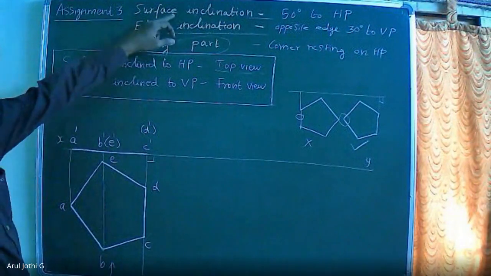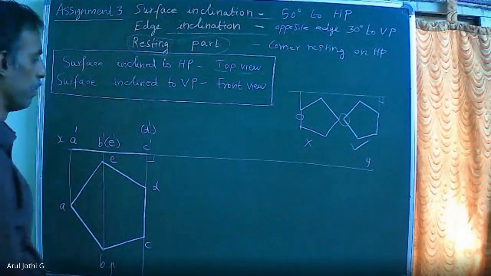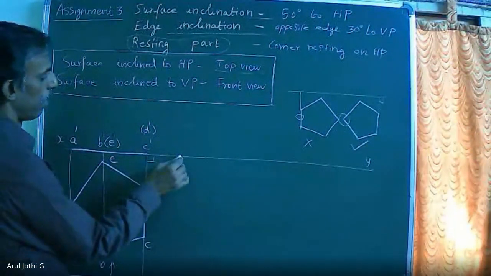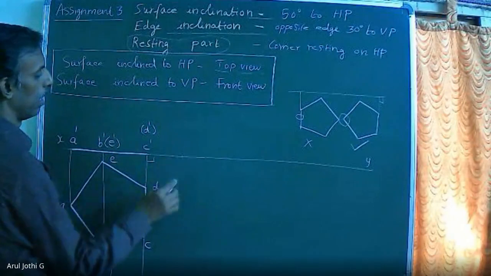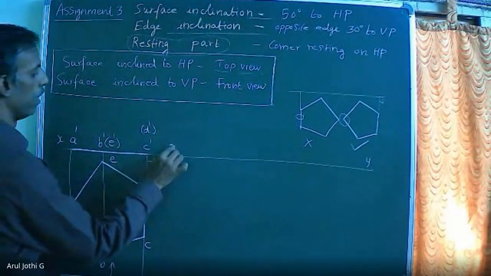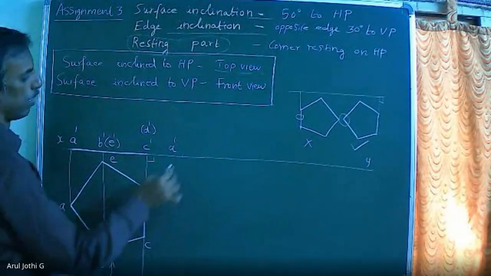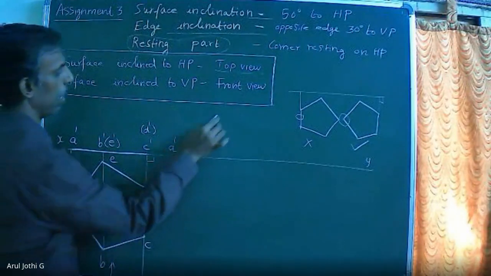Now the surface is inclined 50 degrees to HP. Now mark one point on the XY line. This will be corner point A. Now draw one 50-degree inclined line.